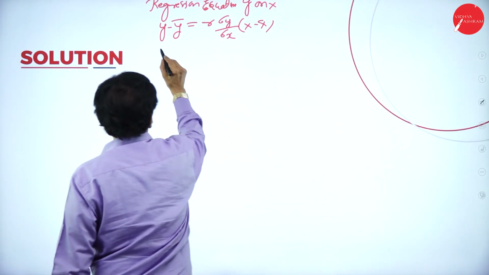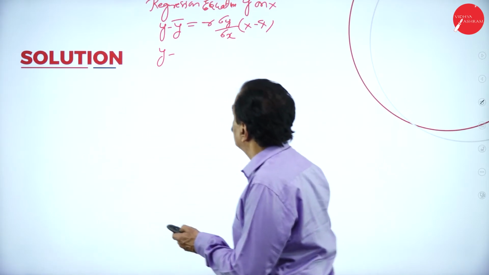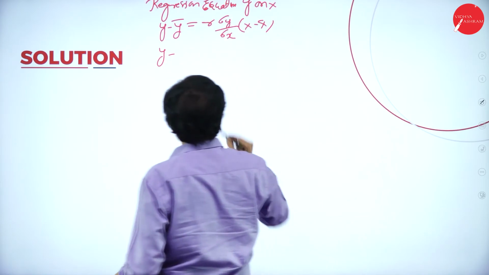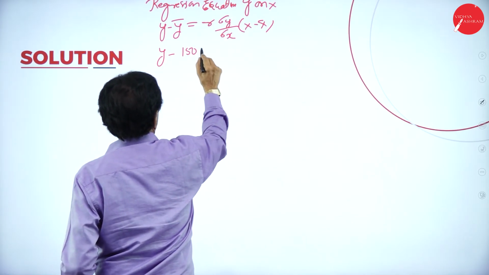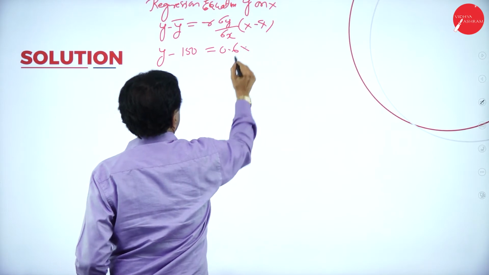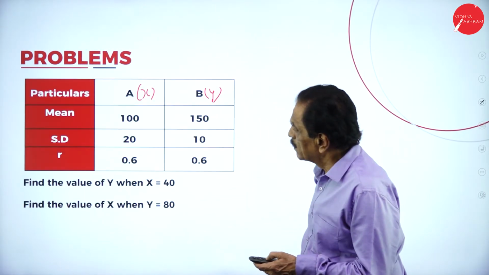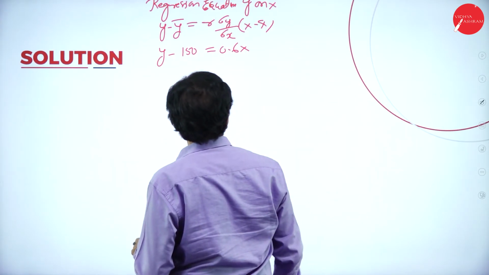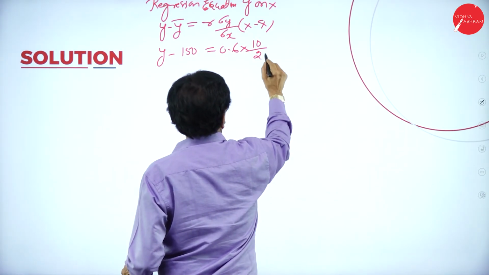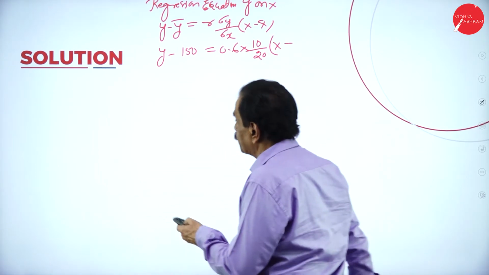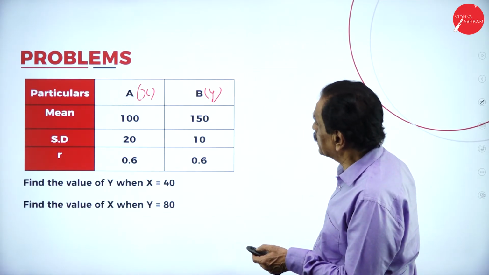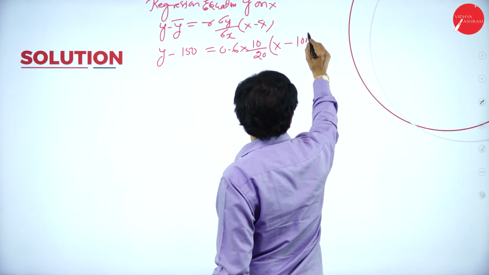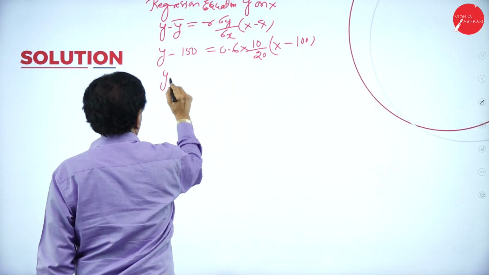So, y minus, what's your y mean? 150 is equal to 0.6 into standard deviation y 10 divided by 20, into x minus your x mean, which is 100. Simplify now. Y minus 150.